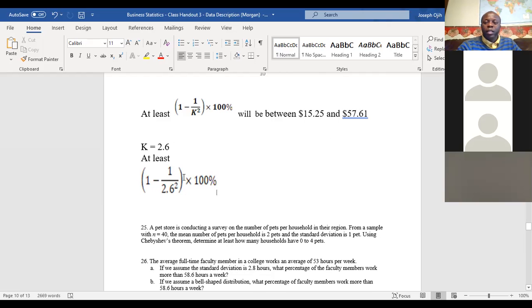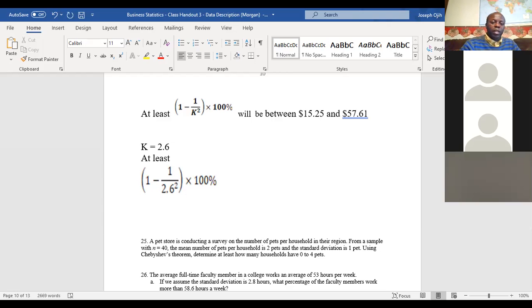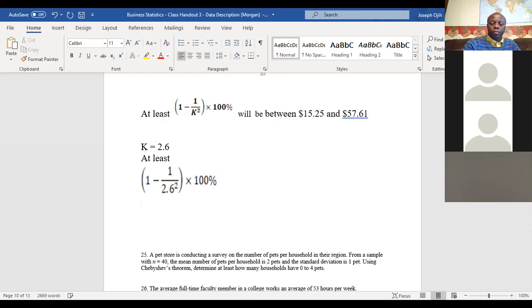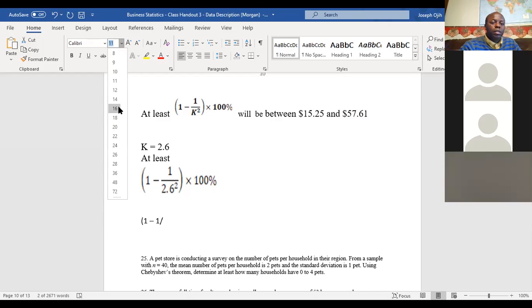So now we can figure this out with this calculator. So we have 1 minus 1 divided by 2.6 squared.